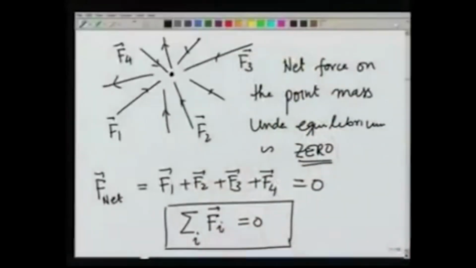I have been talking about point mass because in that case it cannot do anything else, just move. On the other hand, in engineering problems we do not always have a point mass. We have extended bodies. For example, I could have a beam that is supported on 2 pillars and there is a load here.